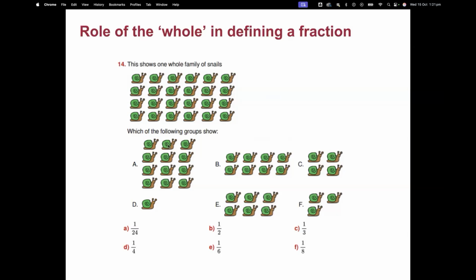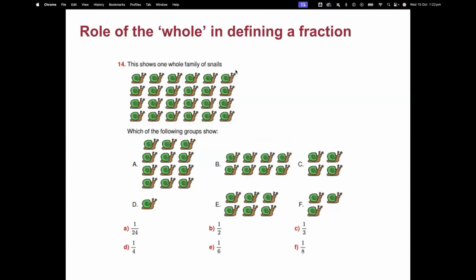And we want to know each of these smaller groups, how much of the whole are they actually showing us? And we can get students to group parts. So for example, let's say C, I could get the students to draw circles around 4 of my snails, and then count how many groups of 4 I have.